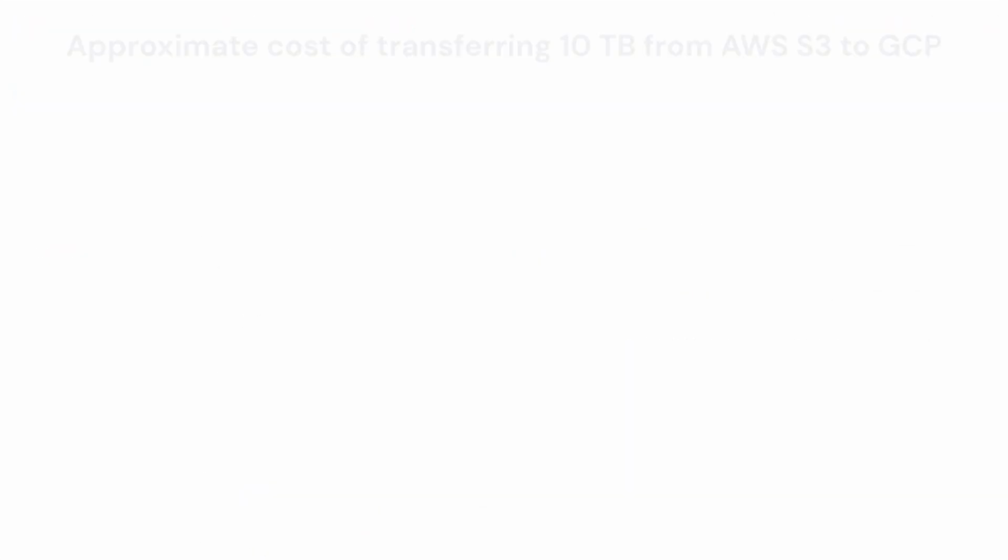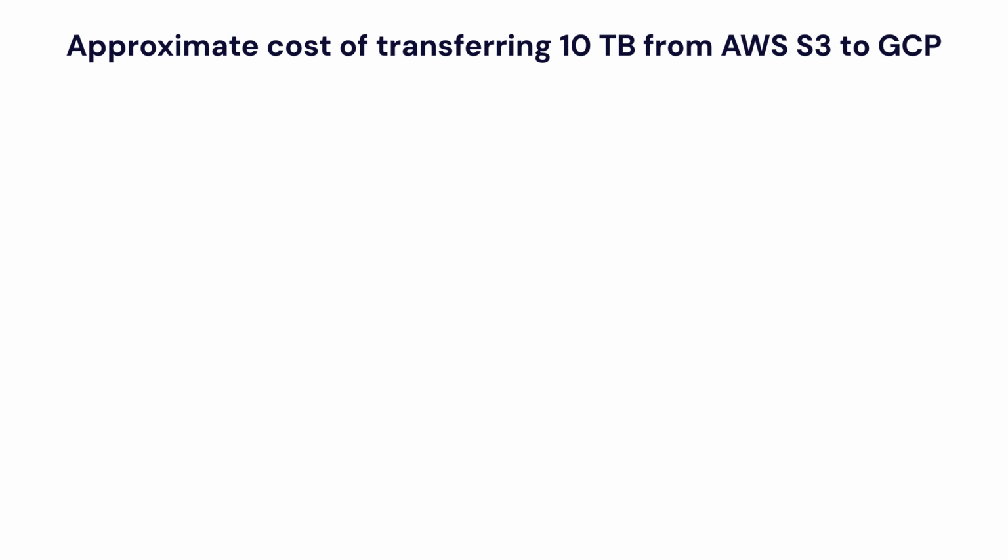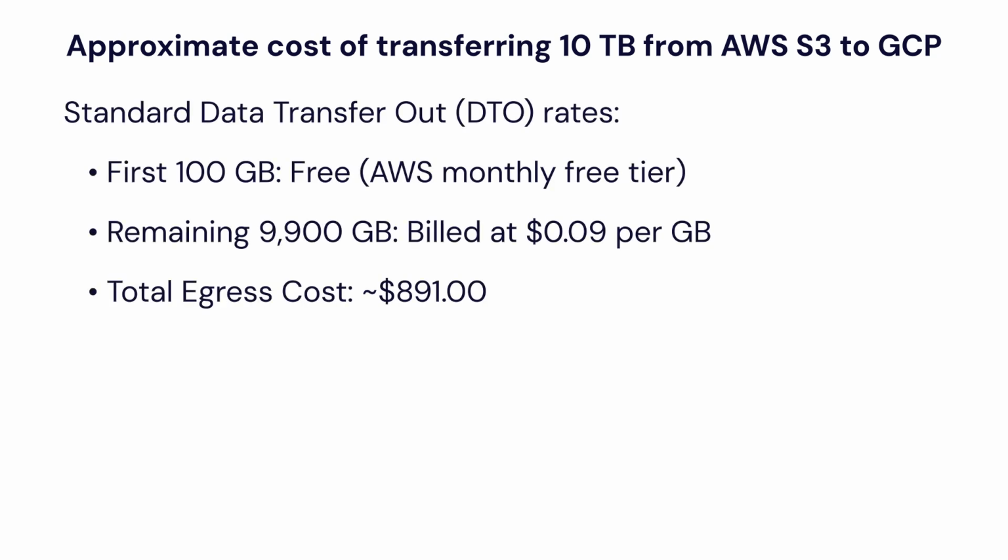Although pricing changes depending on tiers, you should look into the expected cost. For example, consider you are using AWS S3 Standard and want to migrate 10 terabytes to the GCP equivalent, which is GCS Standard storage. If you are keeping your AWS account active and just moving these 10 terabytes to GCP, you will pay standard data transfer out rates, totaling around $891.